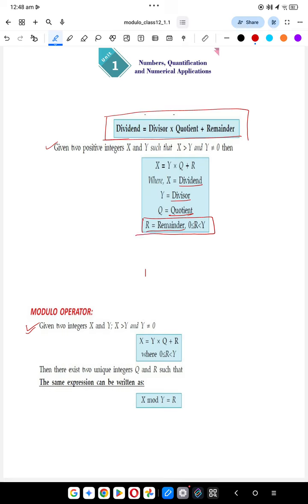One thing to note: while doing any of the modulo operations, the remainder must always be positive.